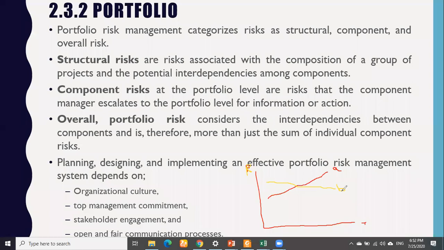But if I ask you, for example, we have only two programs in our portfolio, 1, 2. Is there any change on our portfolio reward or not?